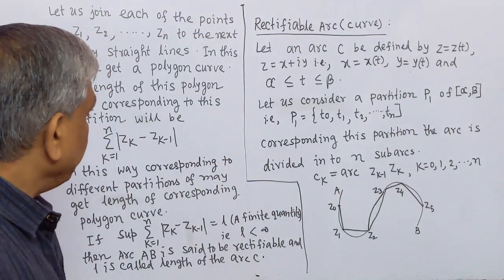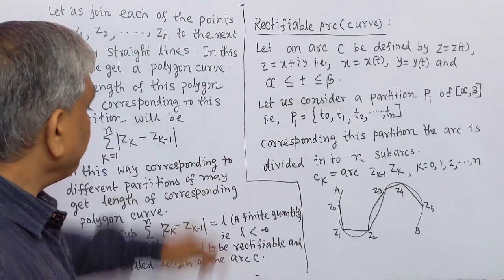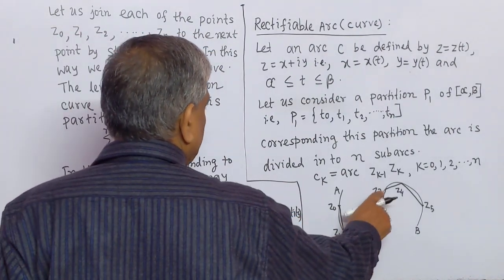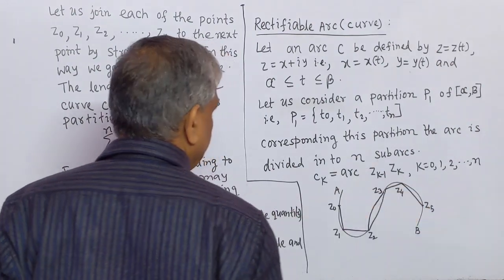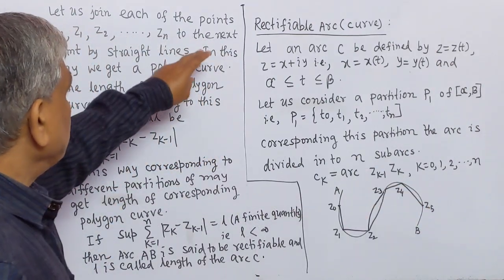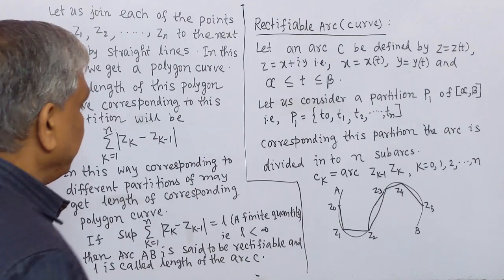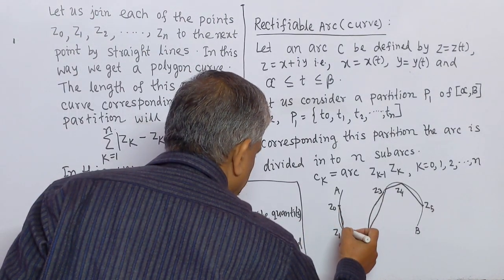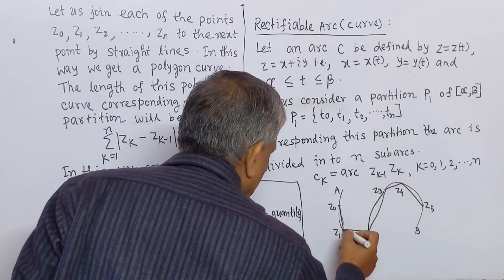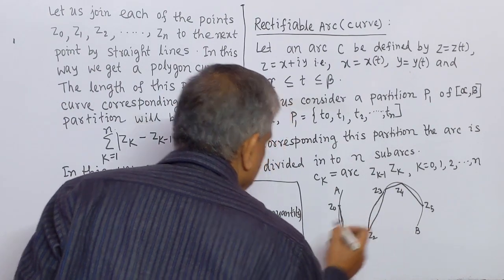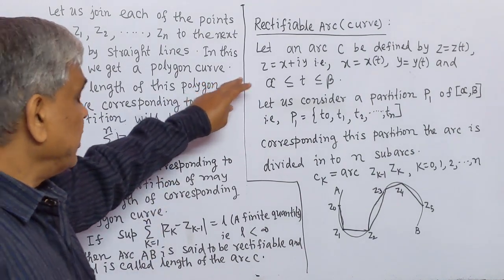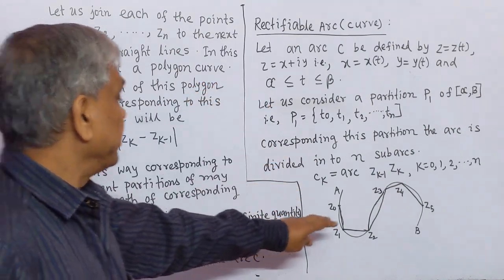Let us join each of these points z0, z1, z2, z3, z4, ..., zn to the next point by a straight line. For example, we join z0, z1, and z1, z2 by straight lines. In this way we get a polygon curve.